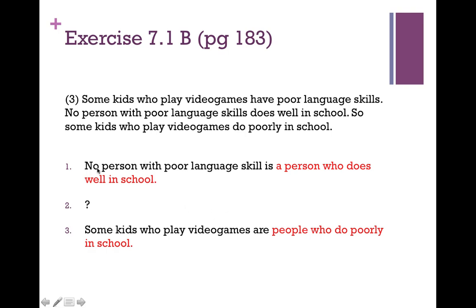Now this seems like the best candidate for the major premise, but it actually won't work as it's stated because again, the class we name right here has to be the same class that we name down here. And the class of people who do well are not the same people who do poorly. Those are just 2 different classes.